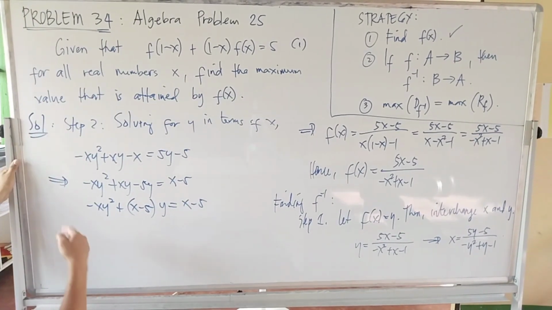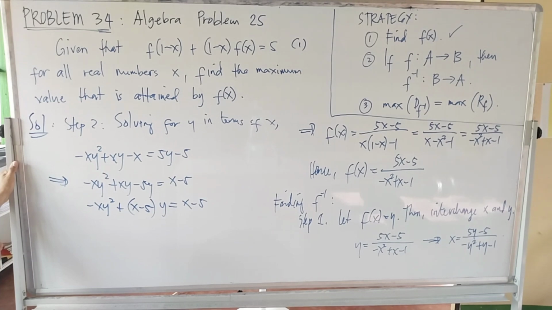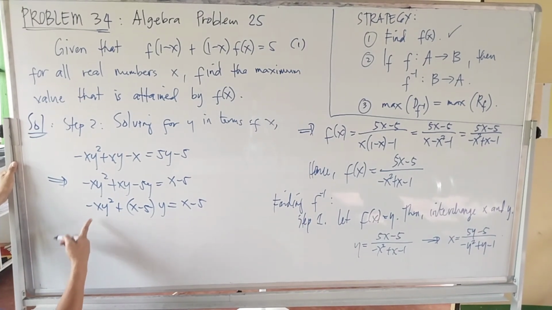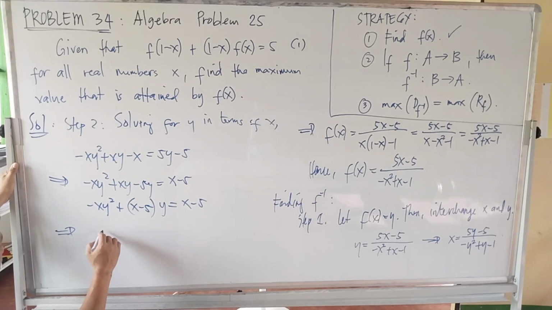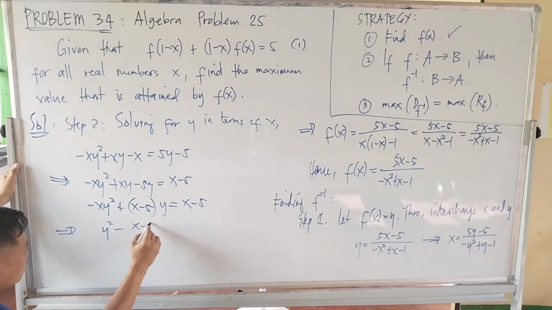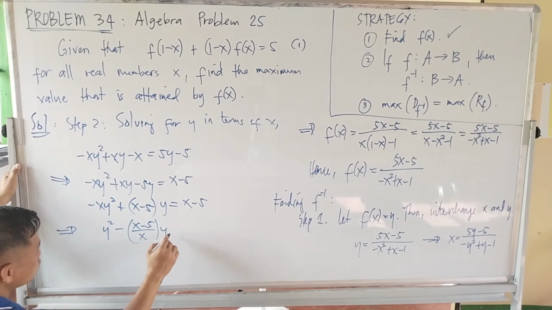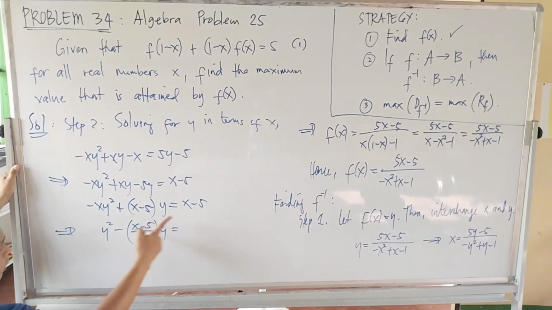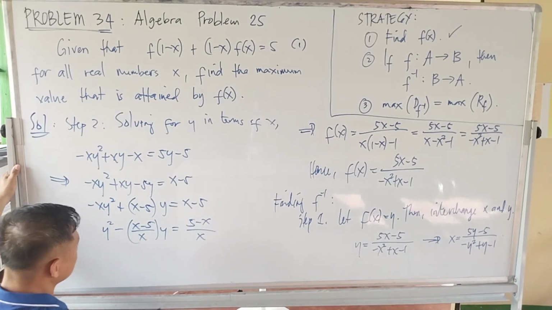Okay, then, from here, we're going to divide both sides of the equation by negative x so that we can remove this negative x. So this follows that we now have y squared minus x minus 5 divided by x quantity times y is equal to, this would be 5 minus x divided by x.